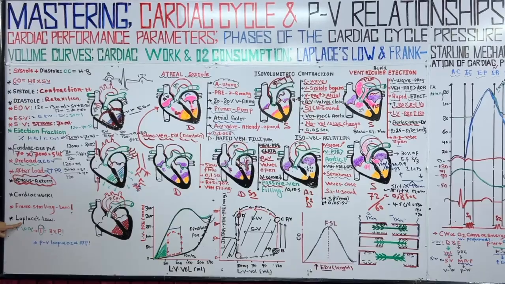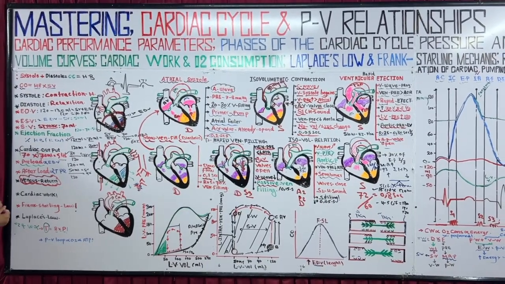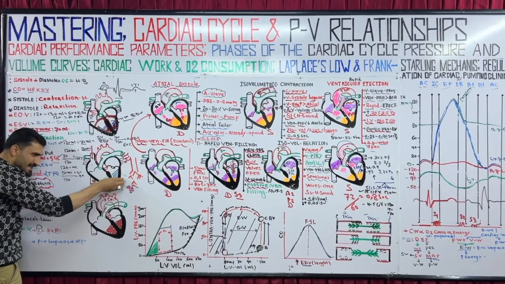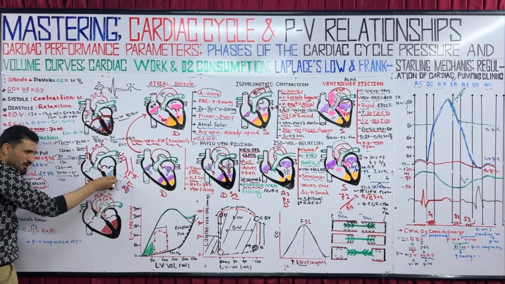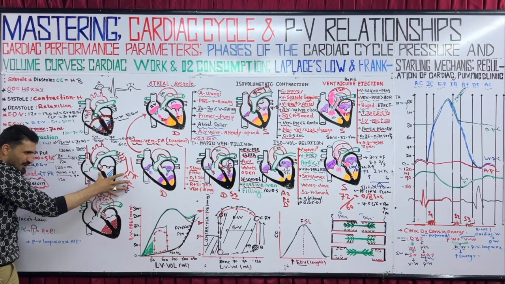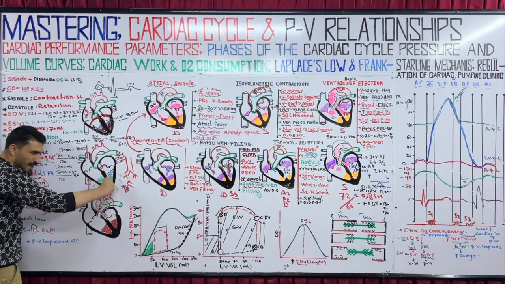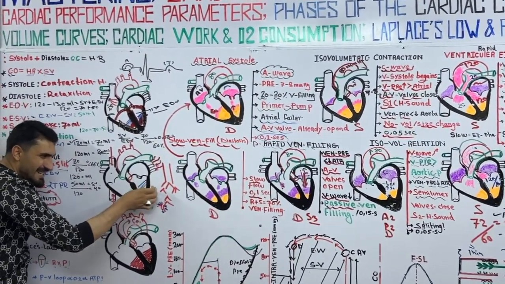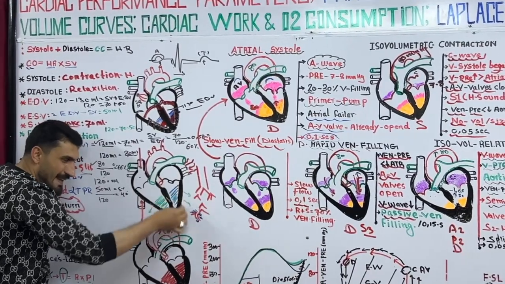Now this is so easy: Laplace's law. Laplace says that inside the left ventricle, this is the wall of the left ventricle. When you stretch it or when you contract it, there will be a tension produced inside the wall.